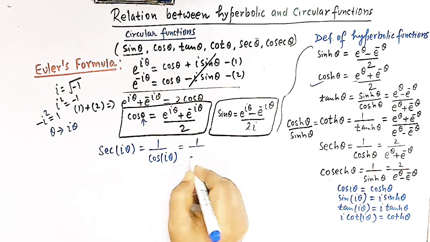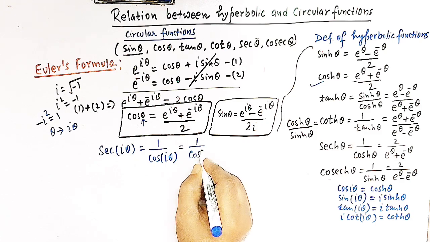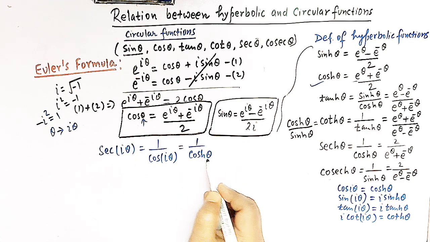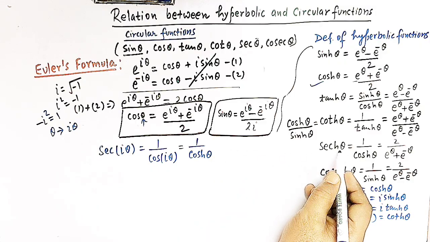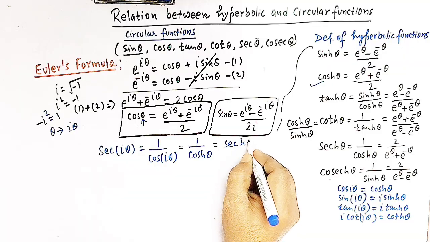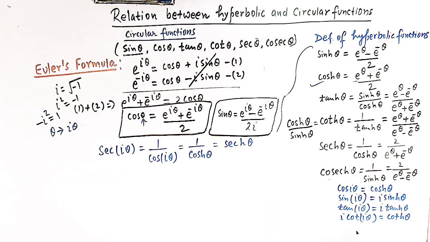So we have 1 over hyperbolic cosine of θ, and 1 over cosh θ is equal to hyperbolic secant of θ. So here we have sech θ. So we have another relation here: sec(iθ) is equal to the hyperbolic secant of θ.